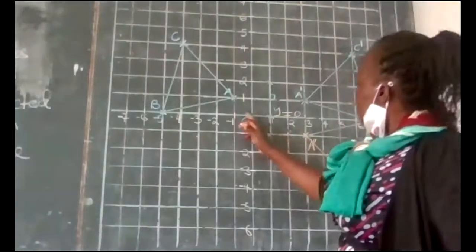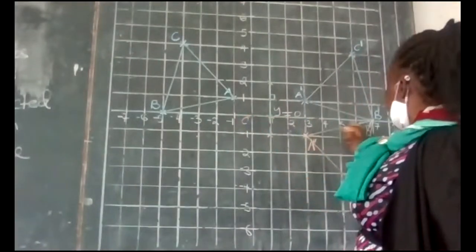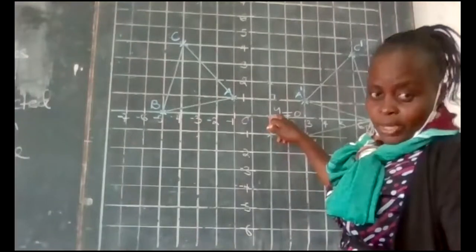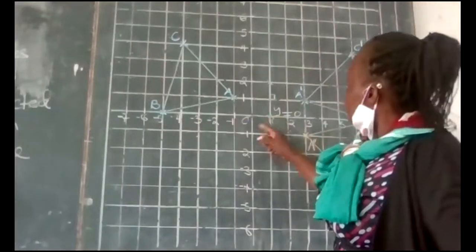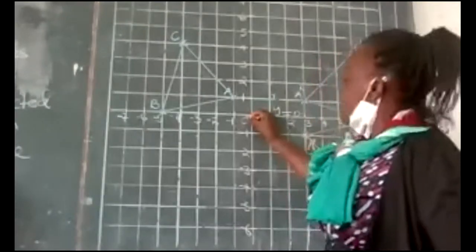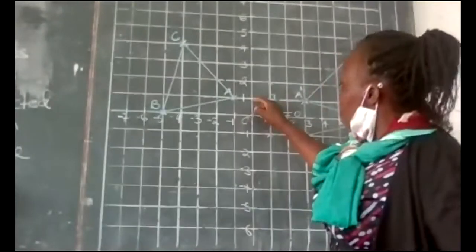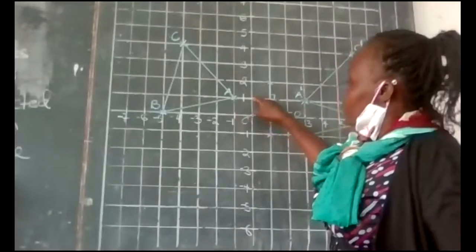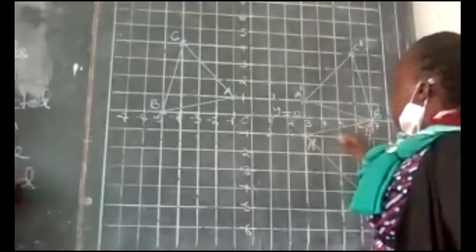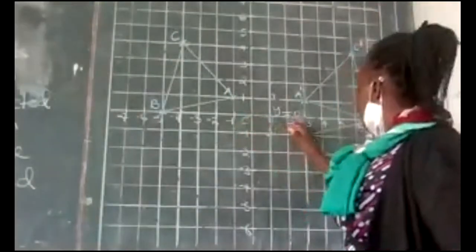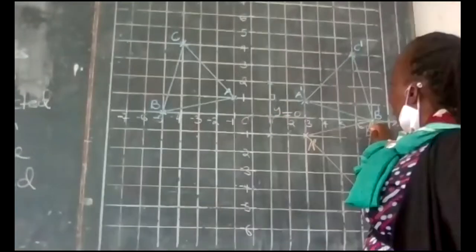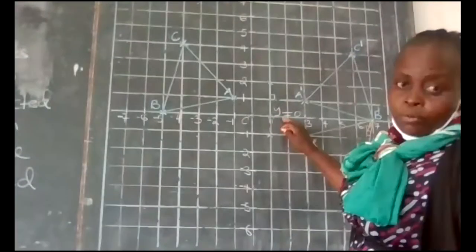Now, along this x-axis, all the values of y are 0. Because this is our starting point, the origin has 0, 0. When you move up, you get another point. But this horizontal line is not changing, it remains. So everywhere along this line, all the values of y will be 0.